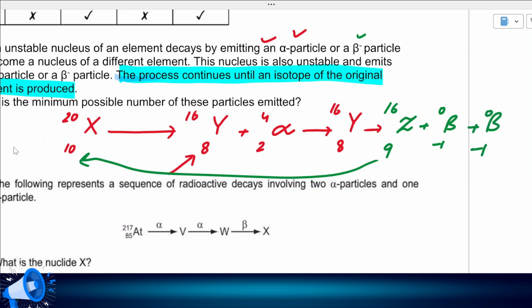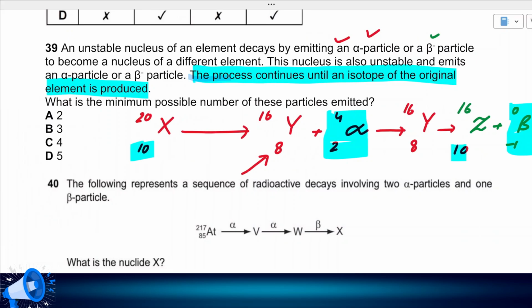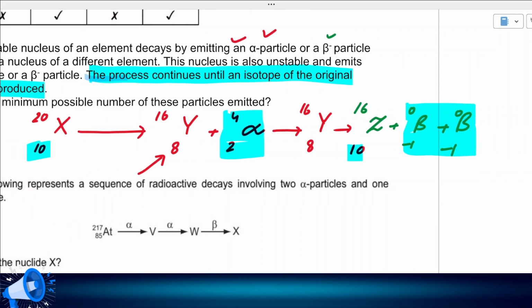So if we have 2 beta particles emitted, then the atomic number here would now be 10. So how many particles have been emitted? 1 alpha here and 2 beta particles here, and eventually the atomic number is same. Now they've become the isotope. So how many minimum particles need to be emitted? 3. 1 alpha and 2 beta.